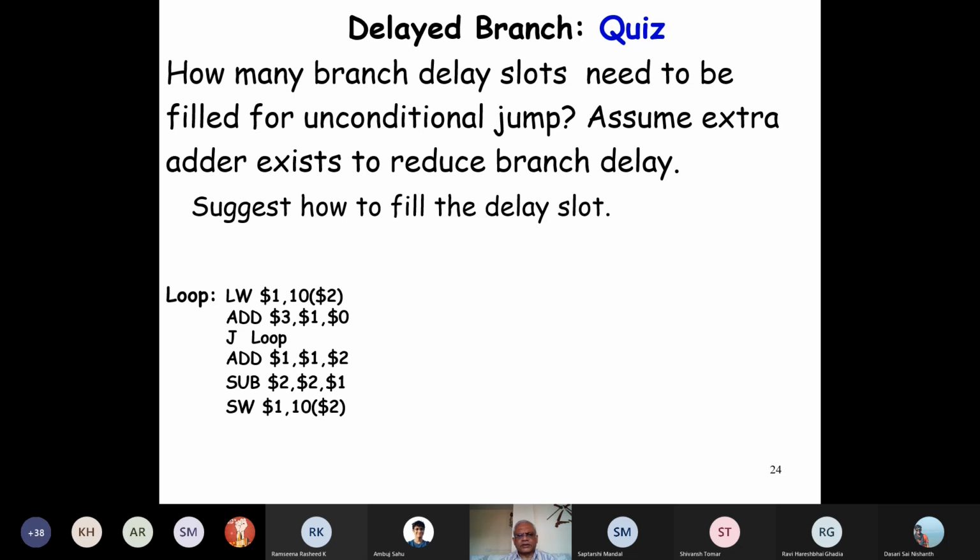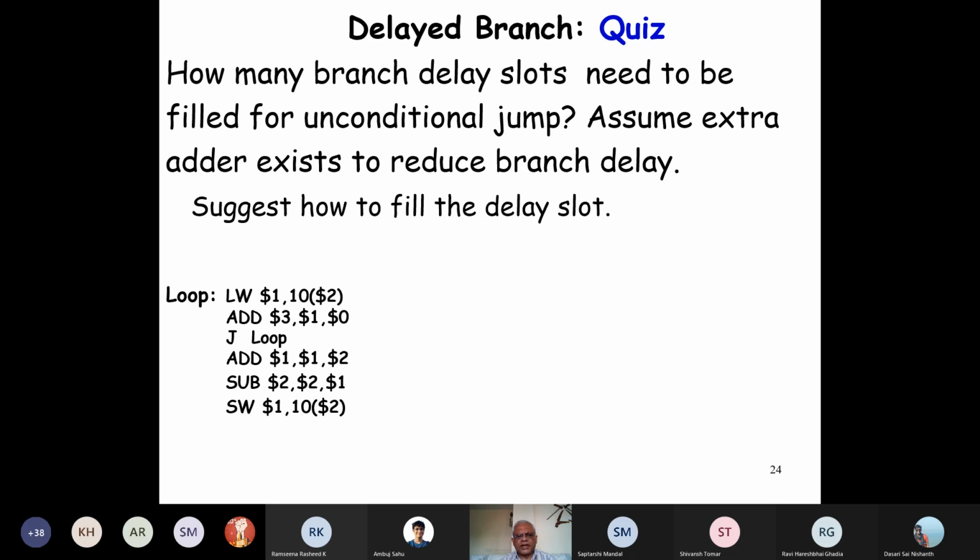So how do we restructure this code using the delayed branch approach? Can anyone say which instruction we can bring after the J? J is the branch instruction here. Can we bring any instruction from before the branch? Can we bring load word 1? No, it is used in the add. Can we bring the add instruction?